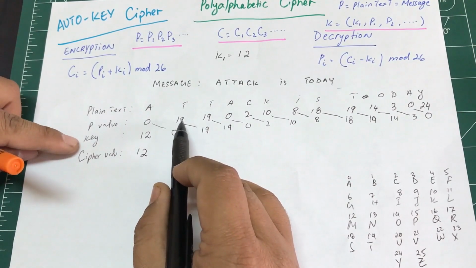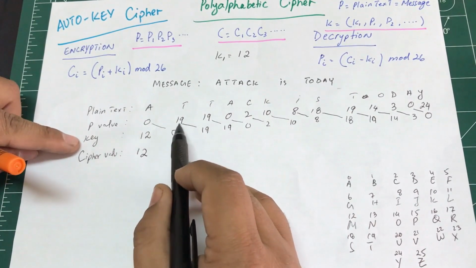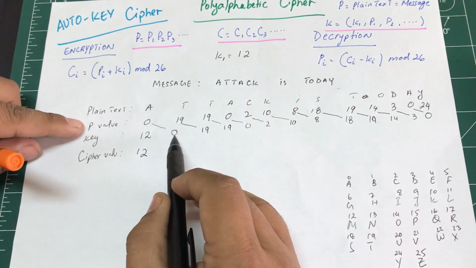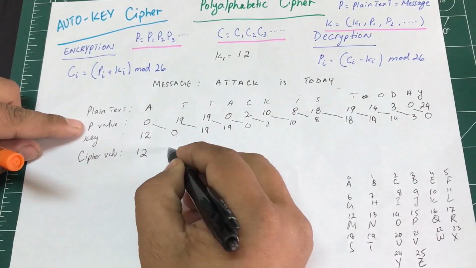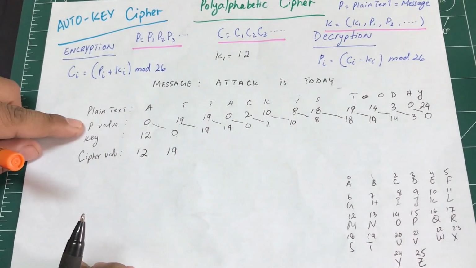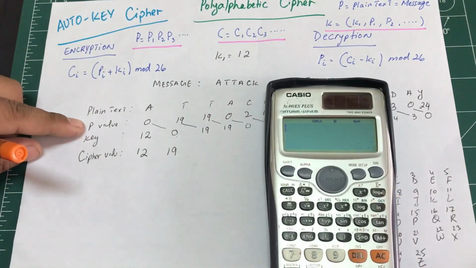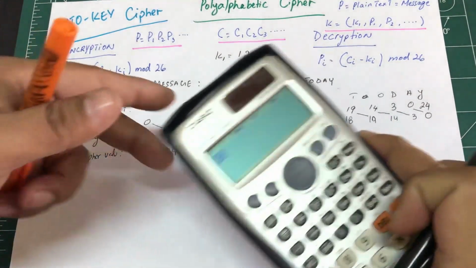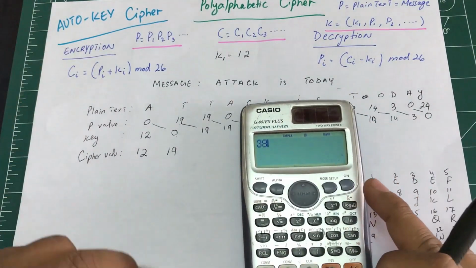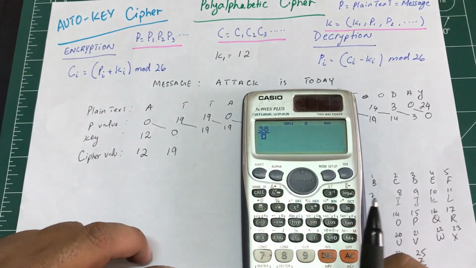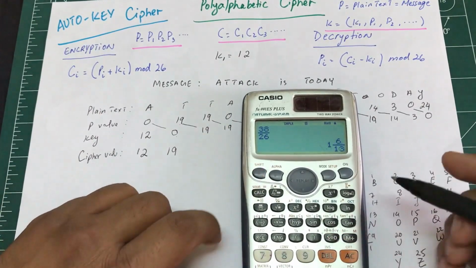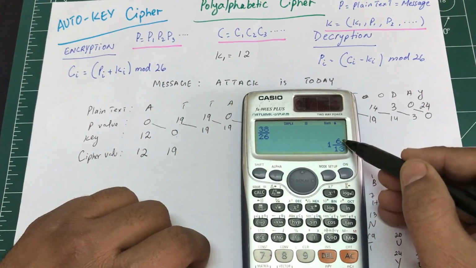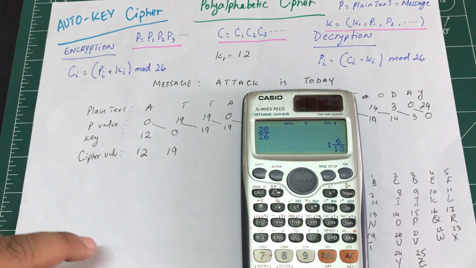Next, 19 plus 0, because I have a plain text, is 19, so this becomes 19. Then 19 plus 19 is 38. 38 mod 26 is 6. So this is half of it, which means this is going to be double. So this becomes 12.